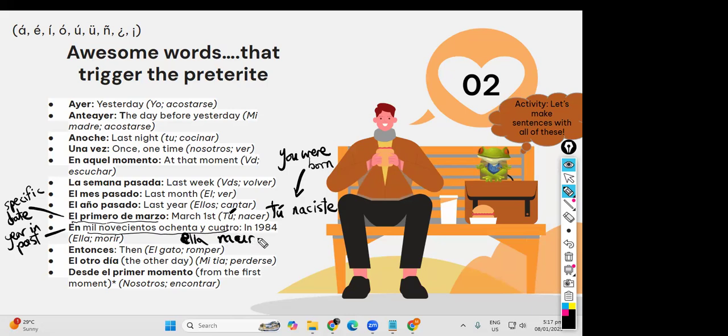Actually, this one is M-U-R-I-O with an accent. That is one exception we will have to talk about with the time change. So this is for IR verbs where the stem changes from O to U.